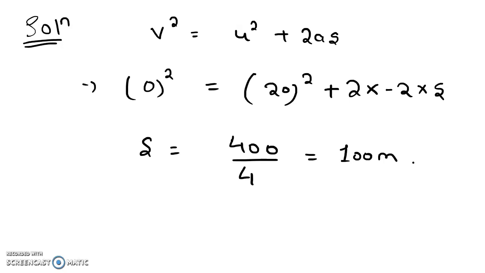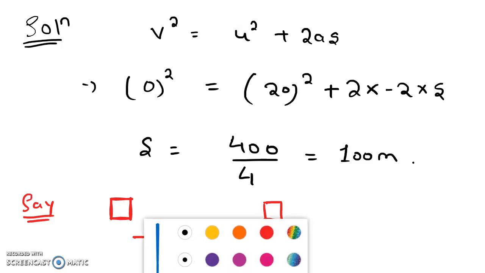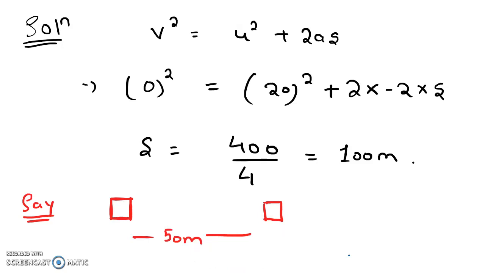Say I want you to think: if the distance between the cart and car had been 50 meter, less than 100 meter, then if you solve it you will get two answers, two times, because the maximum distance it travels before velocity getting zero or before turning back is 100 meter, but now it is 50 meter.